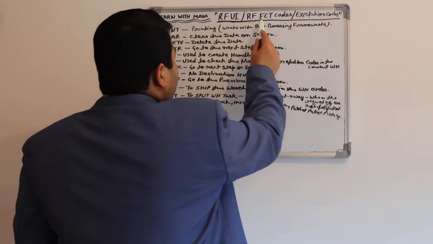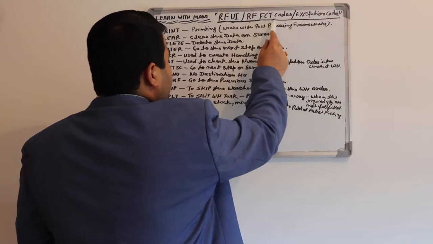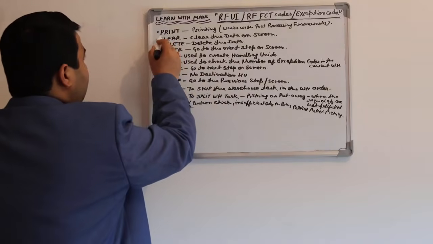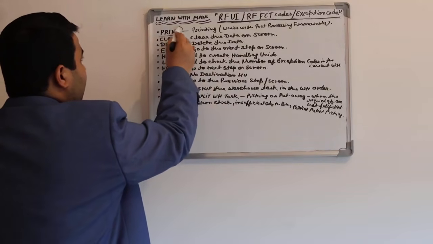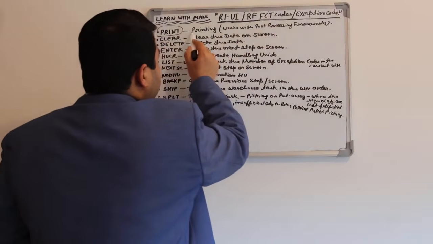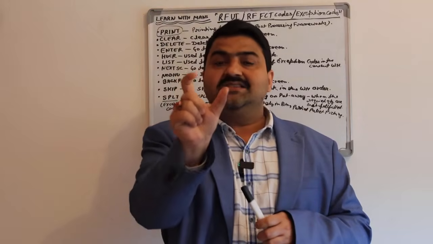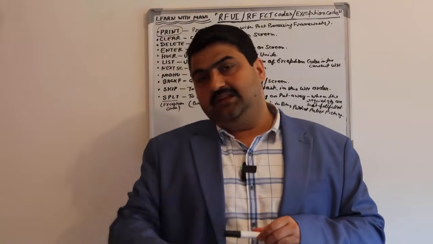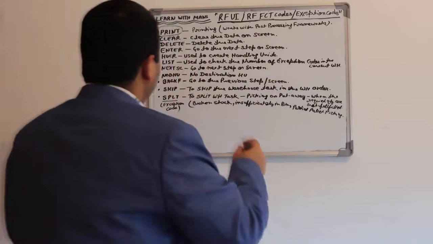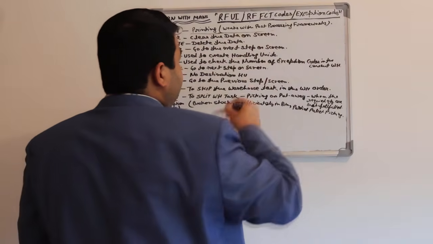RFUI FCT, functional technical codes, and exception codes. These are the FCT codes, the functional technical codes. First, PRINT, this is the keyword, this is the FCT code. It is used for printing and works with the post processing framework.